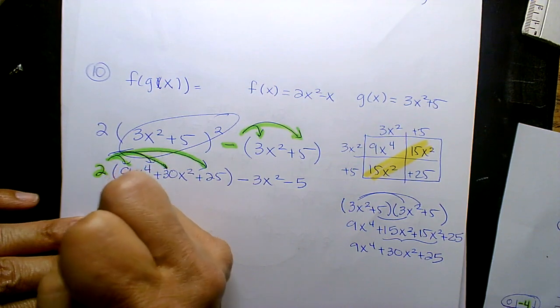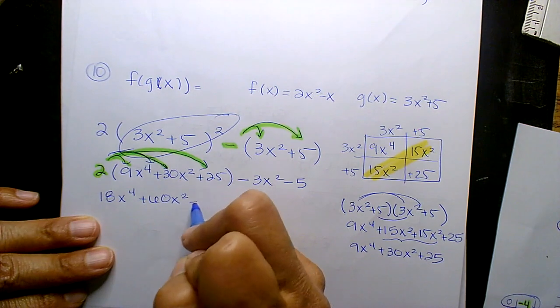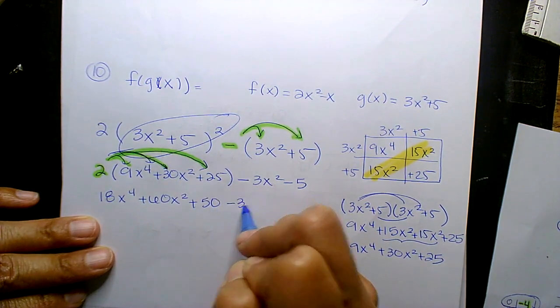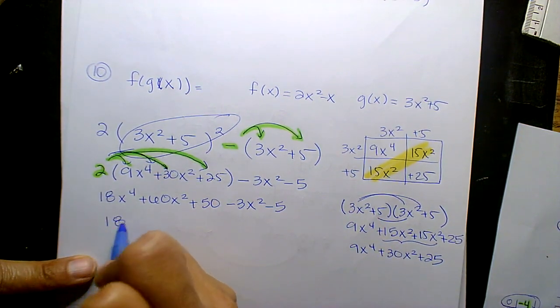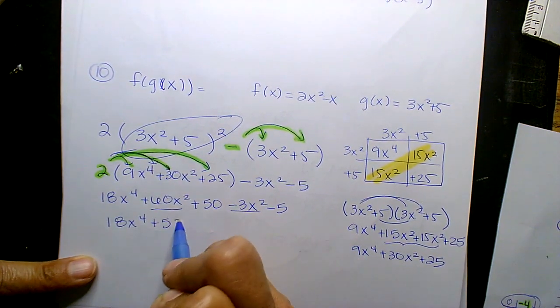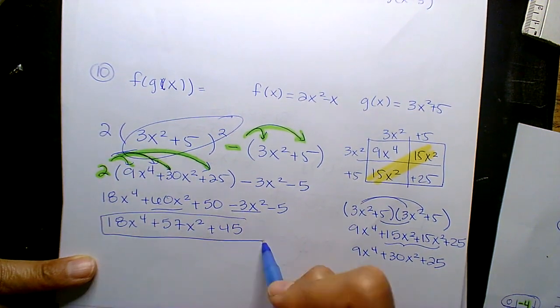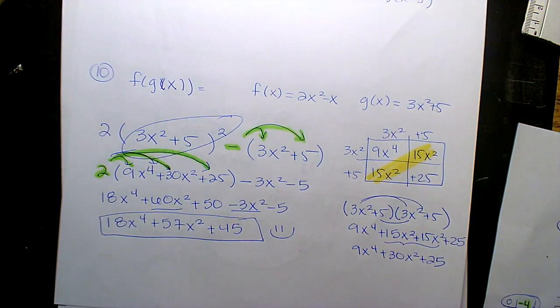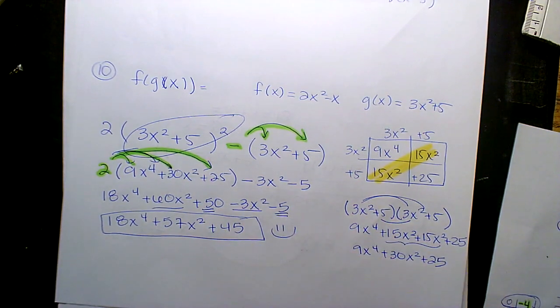So 18x to the 4th, 60x squared, plus 50 minus 3x squared minus 5, and these two match. Okay, you guys agree? That looks right, because these two go with these two.